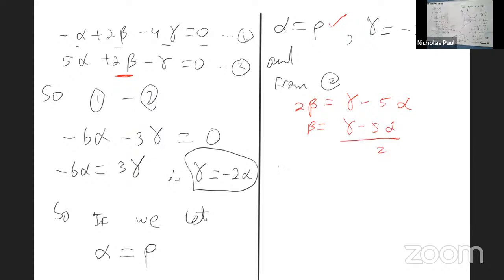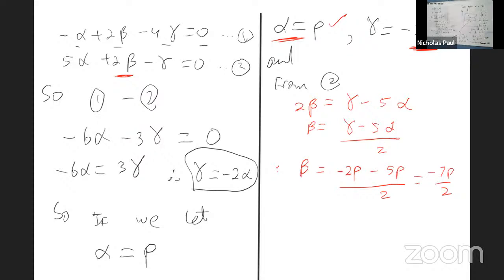So therefore, beta is equal to, substituting gamma now, minus 2p minus 5, substituting alpha, all over 2. So you're getting minus 7p on 2.